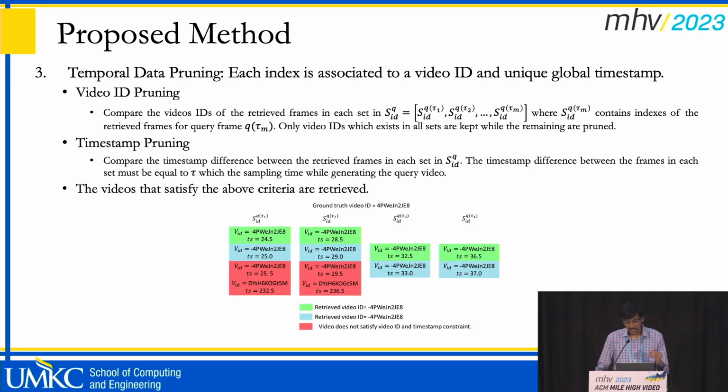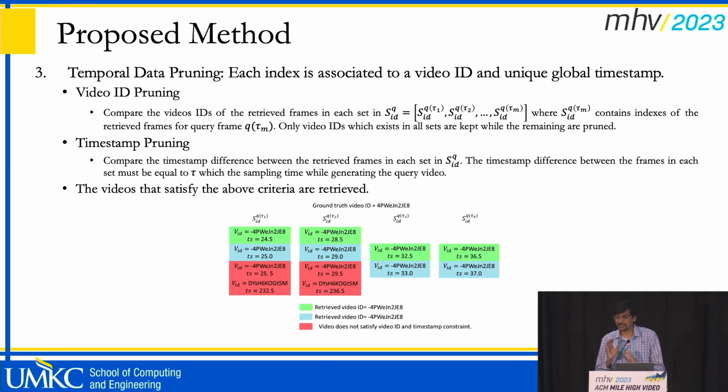Firstly, we do the video ID pruning. As you know, each of the retrieved indexes has the video ID information. So we need to keep only video IDs which exist in all the sets. If you see S_Q of ID, it is a list of, let's say, 4 sets.